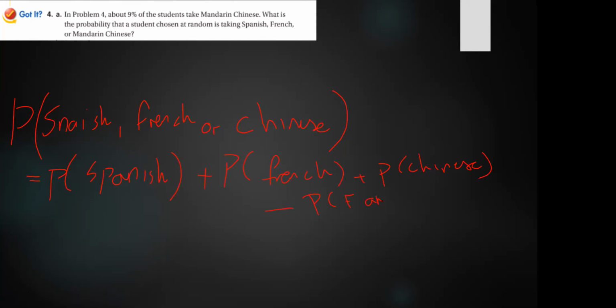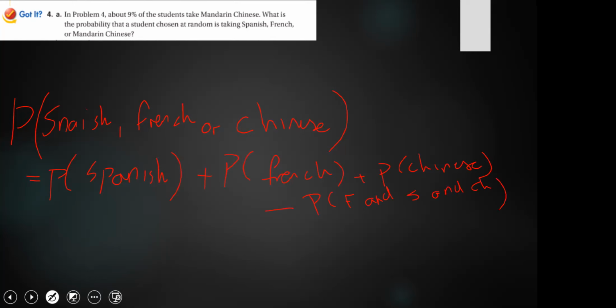So here I have the probability of taking Spanish plus the probability of taking French plus the probability of taking Chinese minus the probability of taking French and Spanish and Chinese.